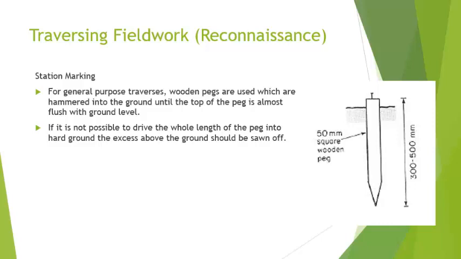It needs to be flush with the surface to avoid any harm to the road users, as it will easily puncture vehicle tires, especially motorbikes and cars. And if possible, drive it until 1 inch from the surface of the ground.